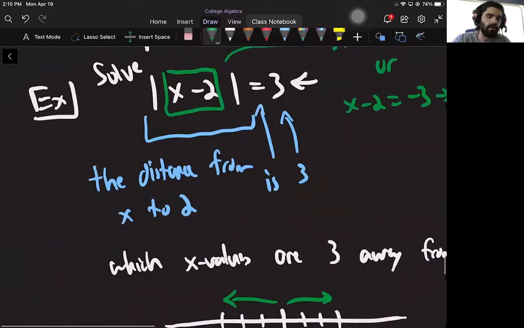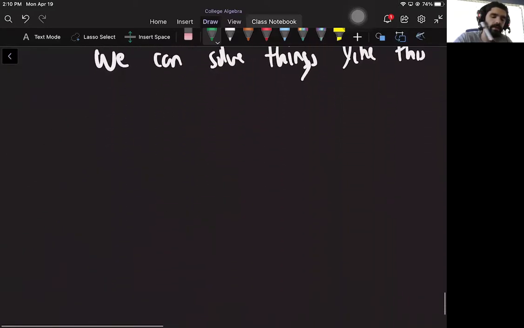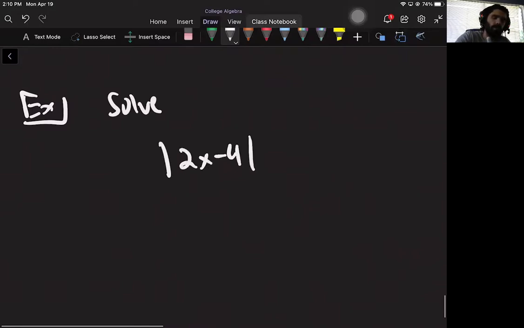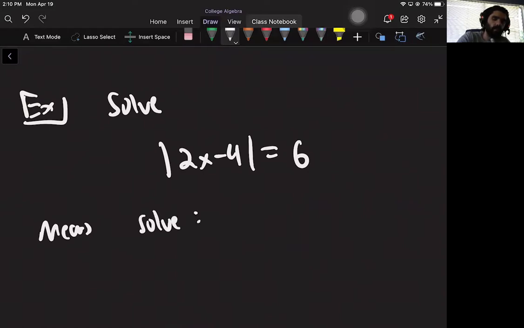So let me do another example using this new method. If I want to solve something like this, |2x - 4| = 6, this really means that all I have to do is solve 2 equations. 2x minus 4 equals 6.